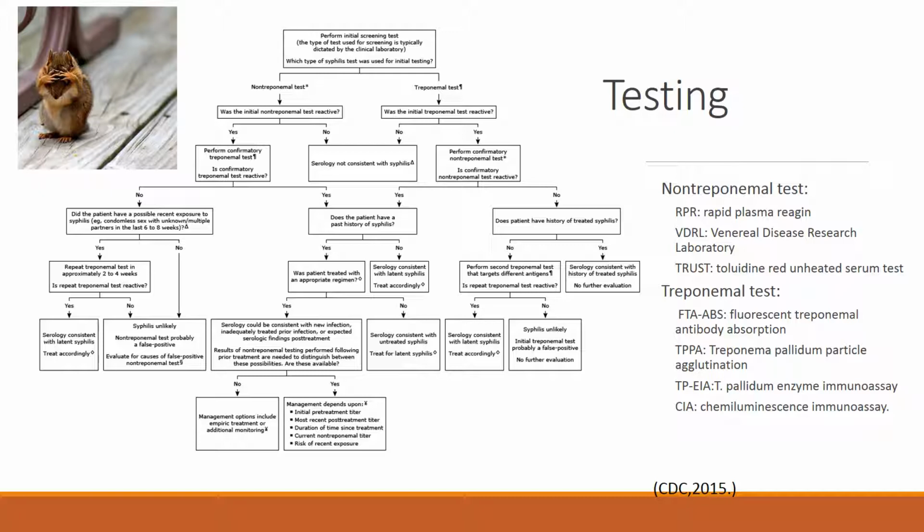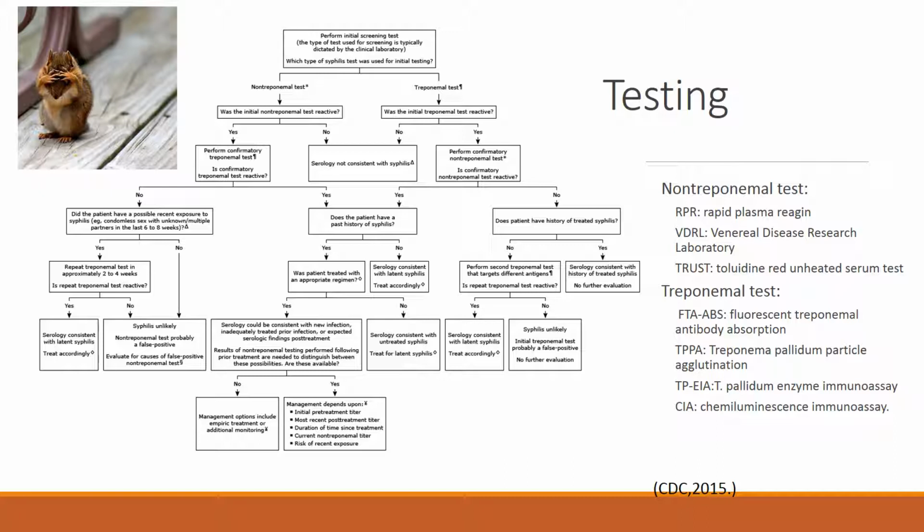So if that's positive, then we want to go ahead and treat that person. If we did our non-treponemal test, for instance our RPR test, and that shows a low ratio, and we reflex it and do the treponemal test, and that's negative, that person has either been previously treated for syphilis and still has something to make it reactive, or they're just reacting on the RPR test, but they don't have an active infection.